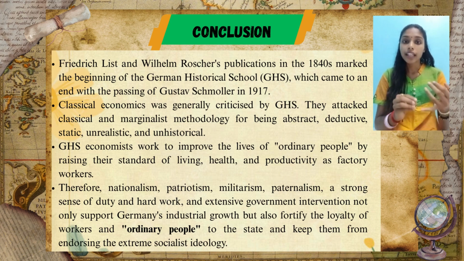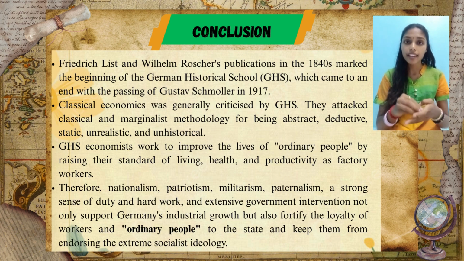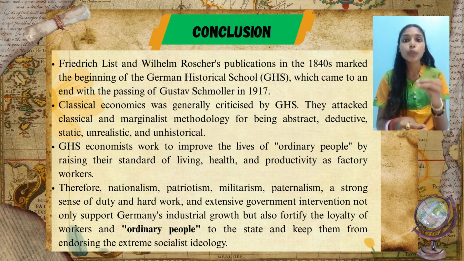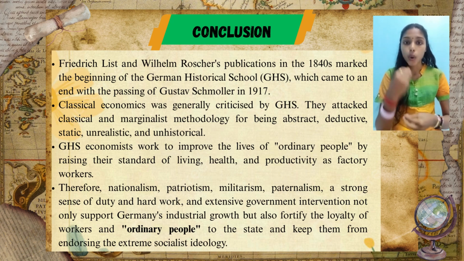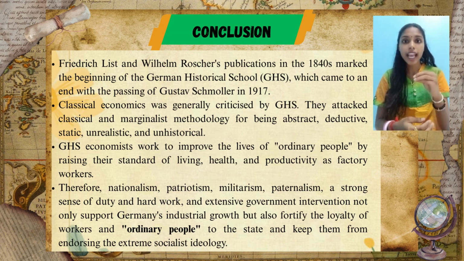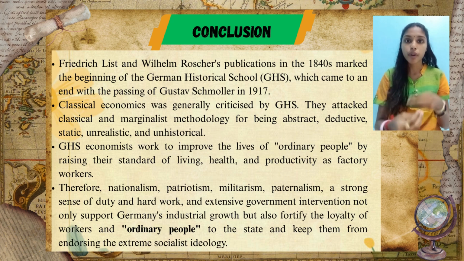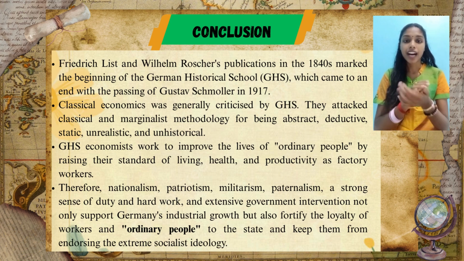As a result, nationalism, patriotism, militarism, and paternalism became a strong sense of duty, and hard work and intensive government intervention not only supported Germany's industrial growth, but also fortified the loyalty of workers and ordinary people to the state and kept them from endorsing extreme socialist ideology.